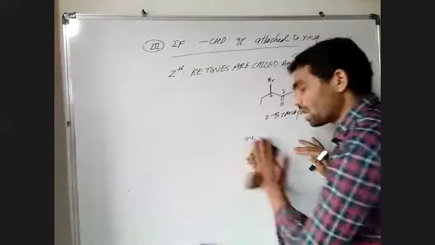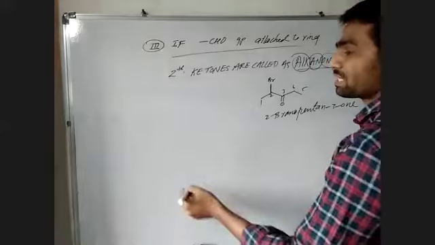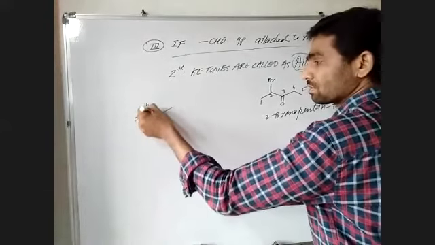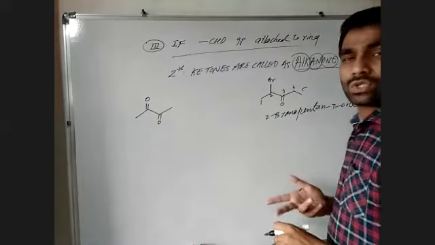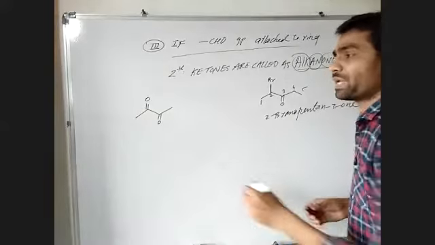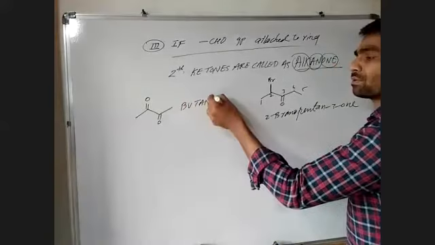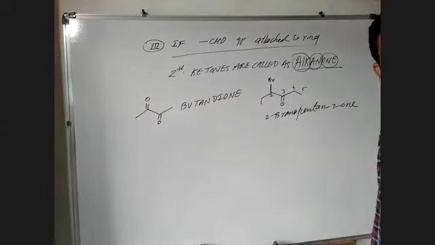Now see, if there are 2 carbonyls present in the compound, for example, now see. So no need to worry about it. Butane dione.